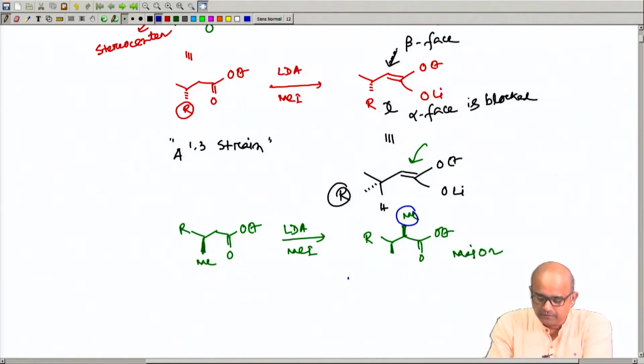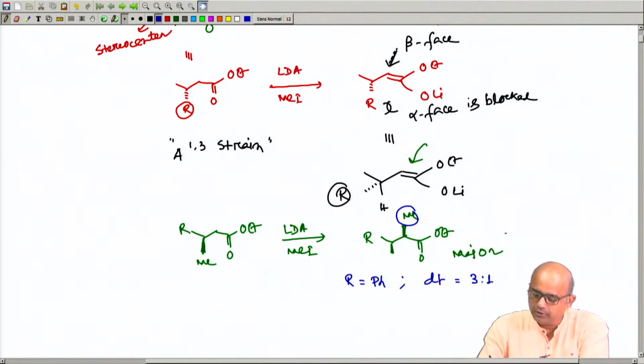Now, let us count the steric parameter of different groups. If R equal to simple phenyl, the diastereomeric excess was good, it is simple like 3:1, means this is the major product and the minor product which will be formed is the other way, means this methyl will be below. Okay. 3:1.